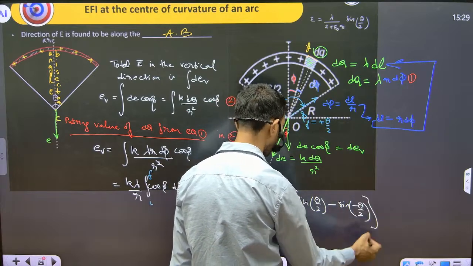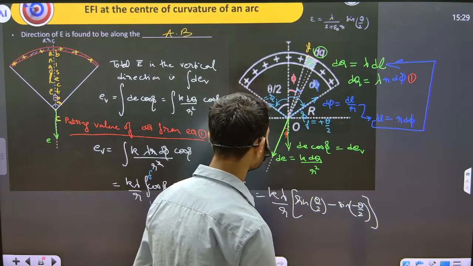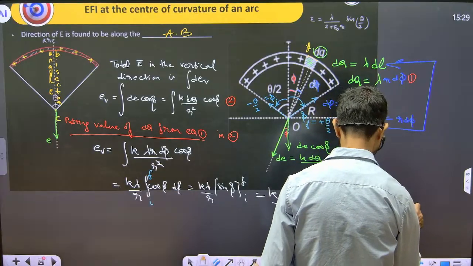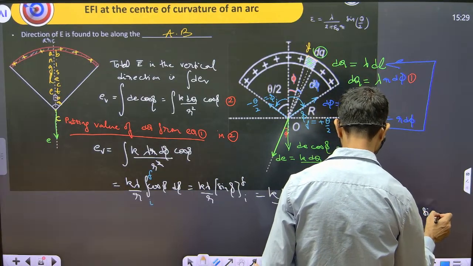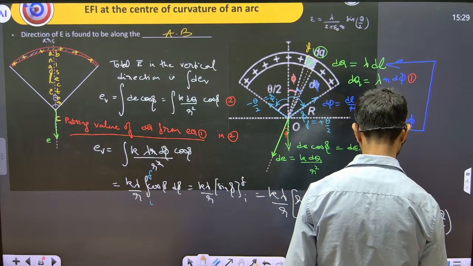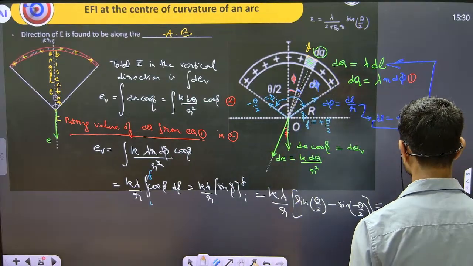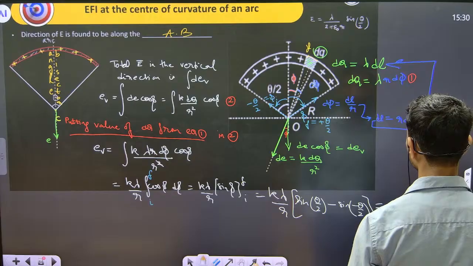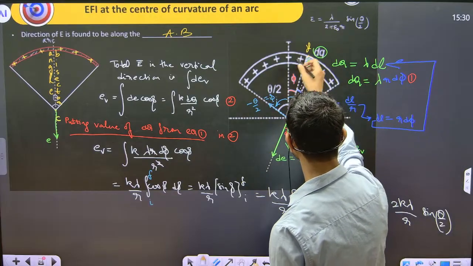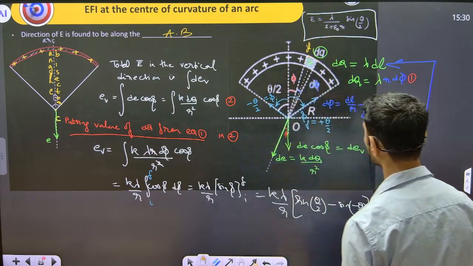Right. And that will come out to be 2k lambda upon r into sine of theta by 2. Right. That's it. That's the answer. That's what you have there, right? When you put the value of k, you'll get that result. You'll get this is the electric field. Right? Take it off.